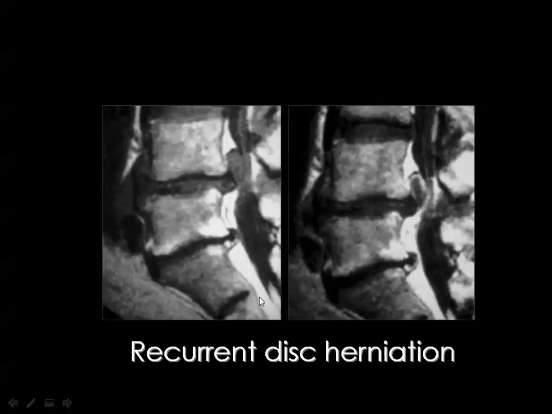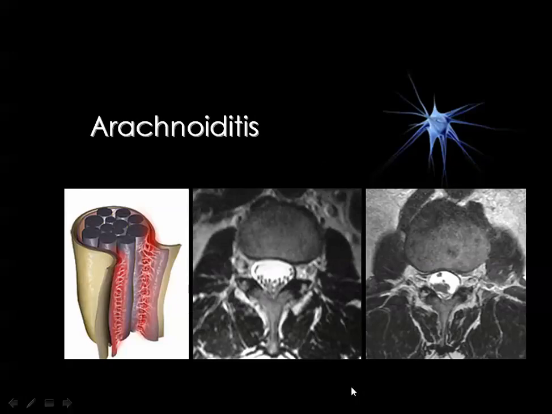And in this example, you see this lesion, which is migrating cranially. After injection of contrast, the periphery of the lesion is enhanced, denoting the presence of scar tissue, while the central part of the lesion did not enhance, denoting the presence of a recurrent disc herniation.